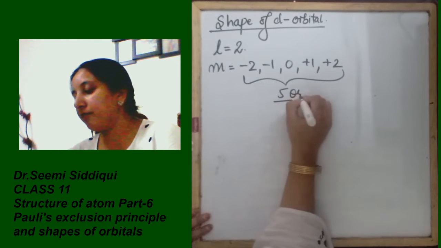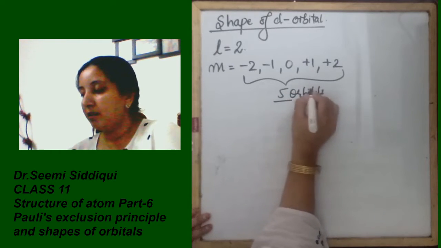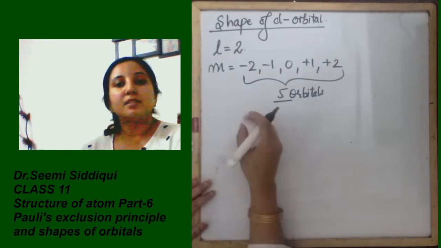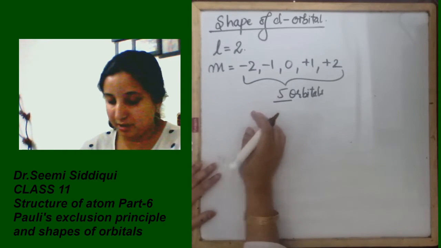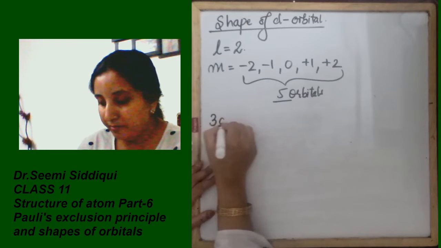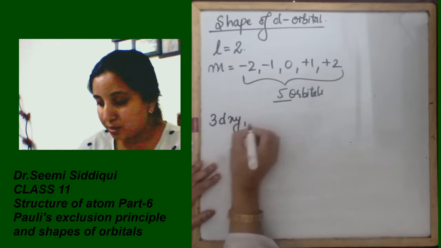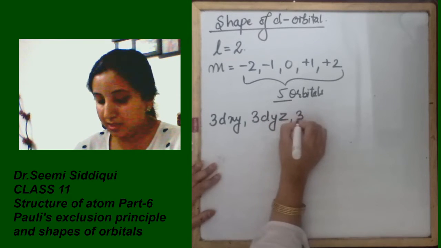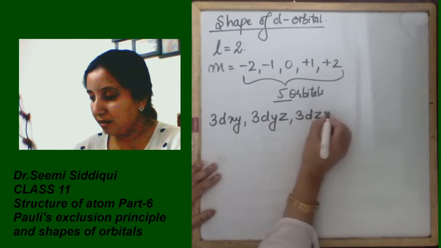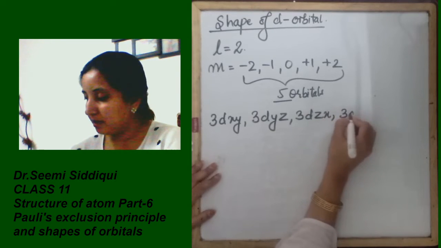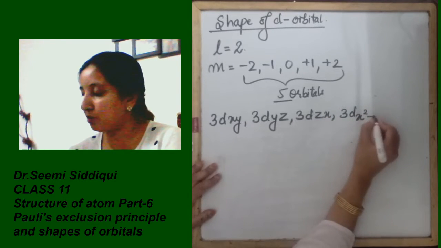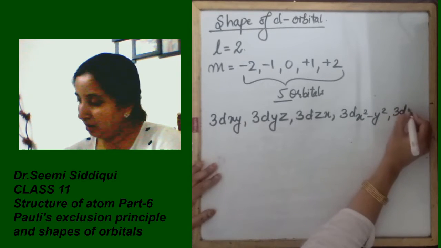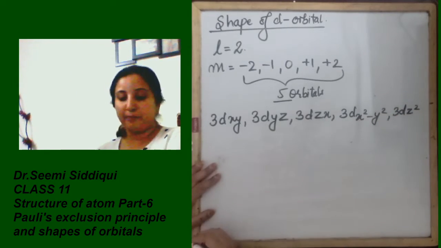Now these five orbitals are also given some names, designations. That is 3dxy, 3dyz, 3dzx, 3dx square minus y square, and the fifth one 3dz square.